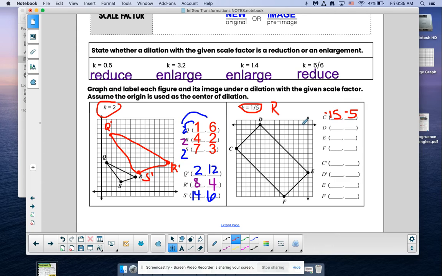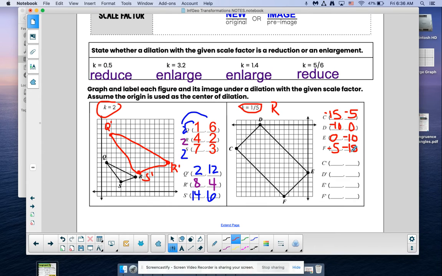D is at negative 10, 0. E is at 0, negative 10. And F is at negative 5, negative 15.